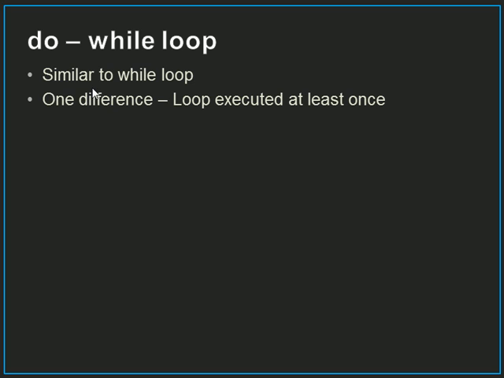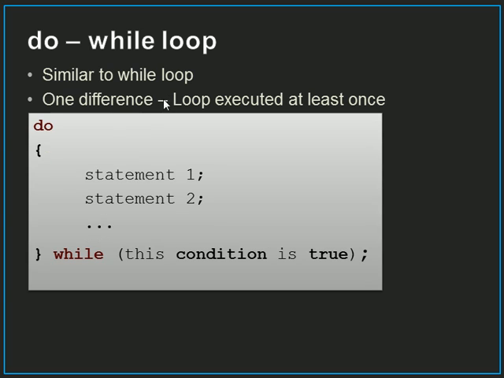In the do while loop you have to execute the loop at least once and then check the condition. So first the statements are executed and then the condition is checked. So the syntax is like this. We have do and we have statements. First we execute the statements and then we check the condition. While this condition is true, execute these statements.